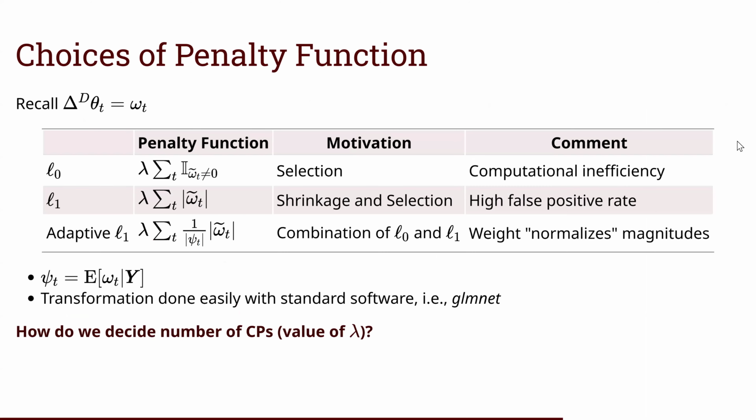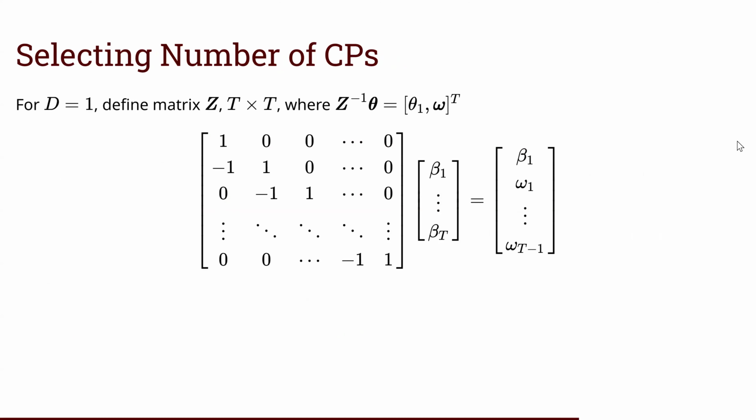And then we use this adaptive L1 penalty, and the L1 penalty is weighted by the posterior mean of increments. So we have 3 quantities from our posterior, then we use this penalization to essentially find discrete inference.